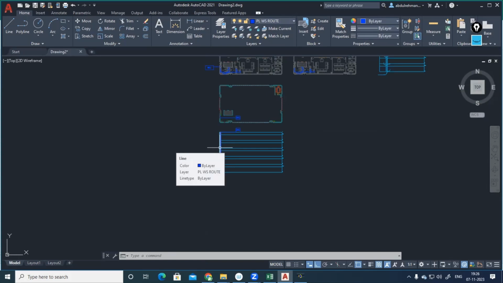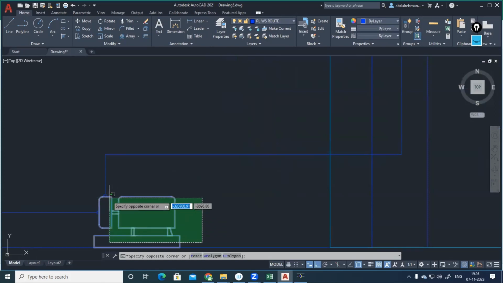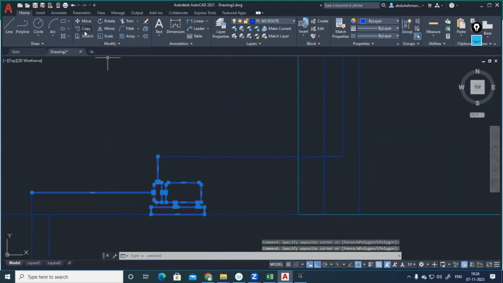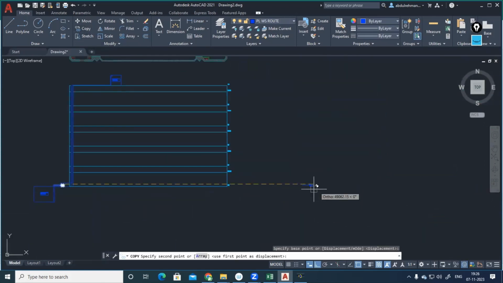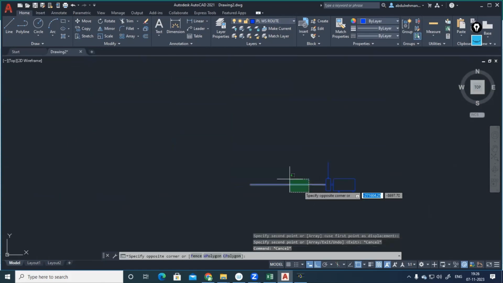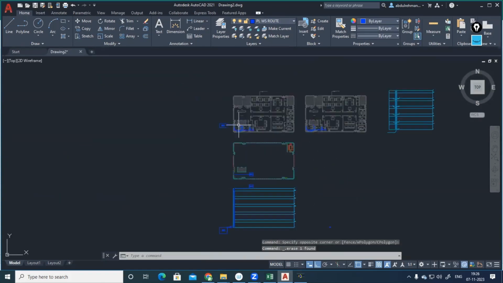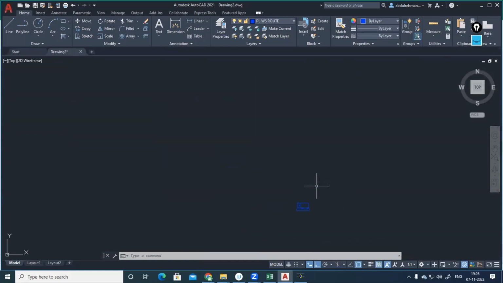Anyhow, I'm taking this pump. It is not mandatory to make the isometric layout to find the fittings, but let me make it. Because this has horizontal and vertical runs, you might have doubt about what type of fittings will come. Now, to draw the isometric, you should select isometric screen.